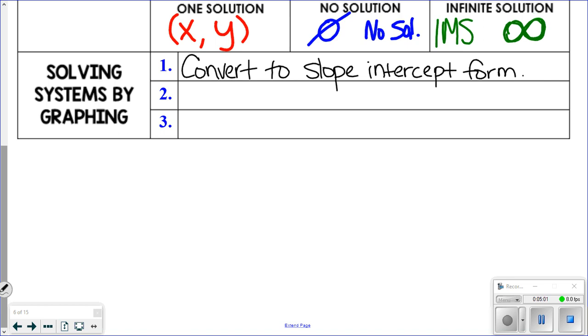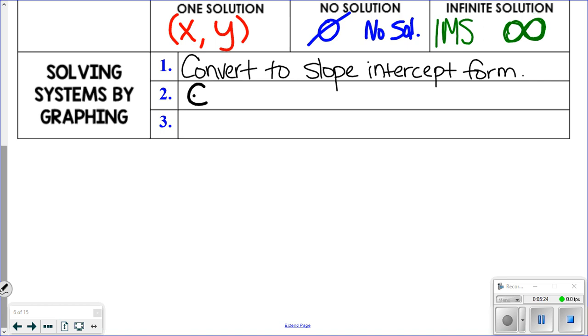And if you need to, you probably have room, you can write down that slope-intercept form is y equals mx plus b. Or to convert to slope-intercept form, we solve for y. And that's only if necessary. So if it's in standard form, we have to convert it.